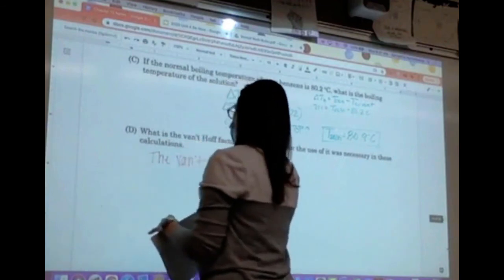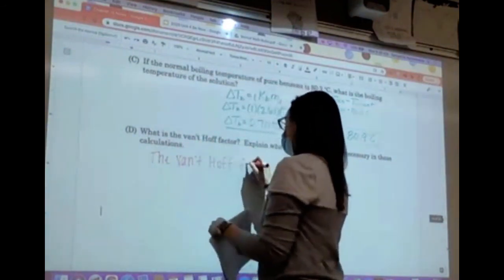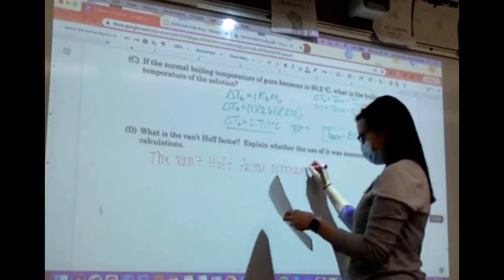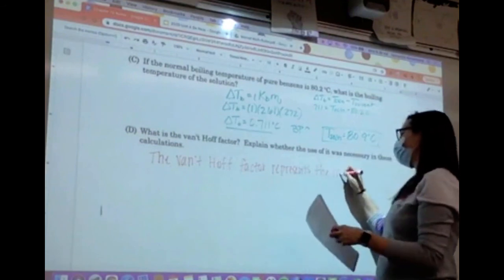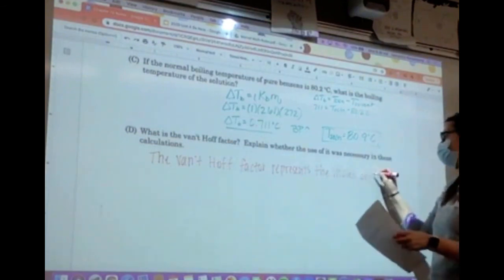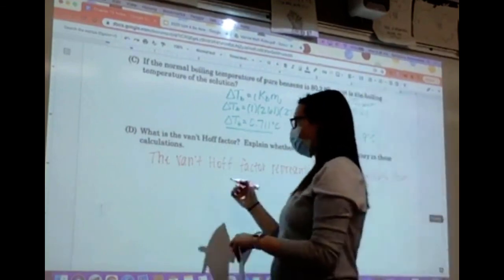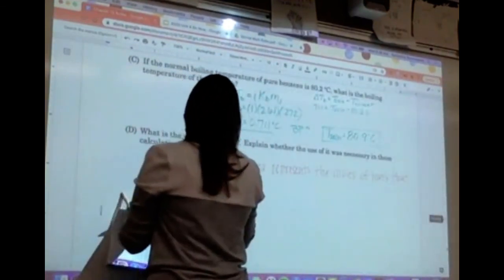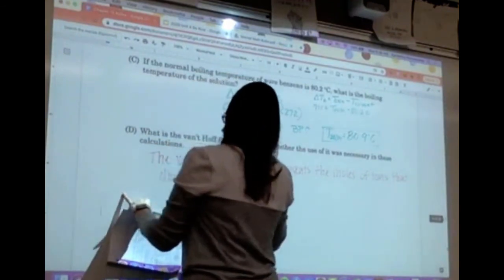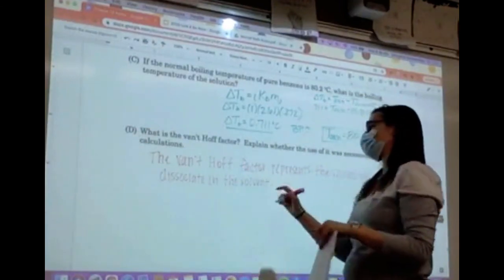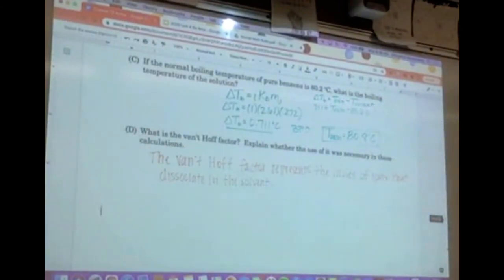So if we write out what it is, the van 't Hoff factor represents the moles of ions that dissociate in the solvent.